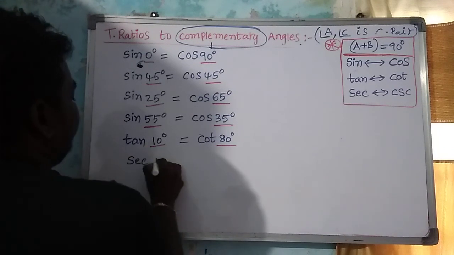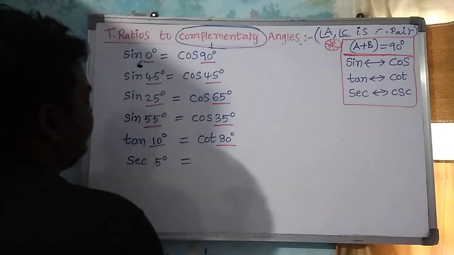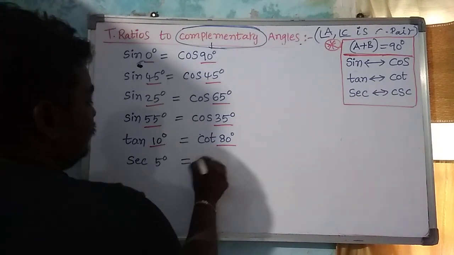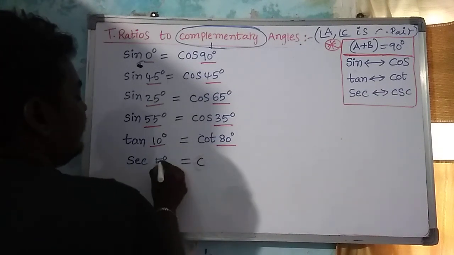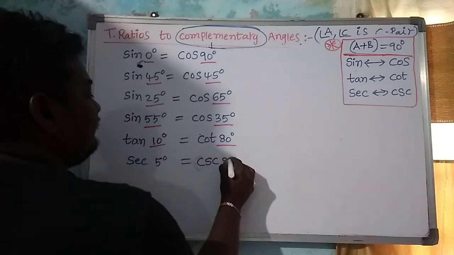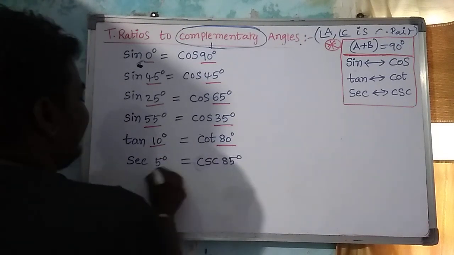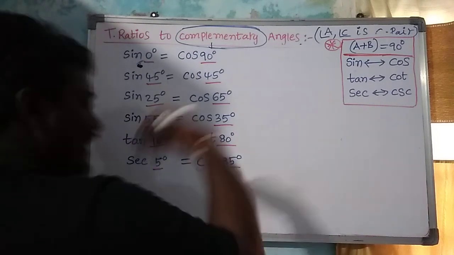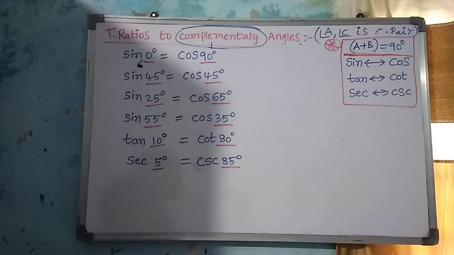What about secant 5? We have to add 85 to 5 to become 90. Cosecant 85. So 5 plus 85 is 90. Then what about this one? Likewise, all the other things are the same.